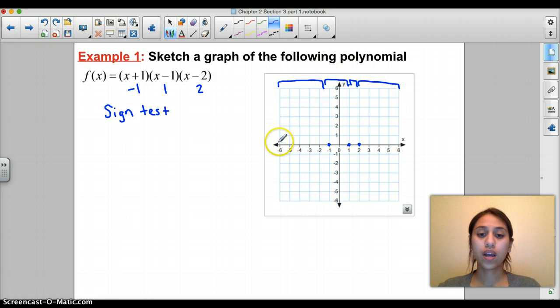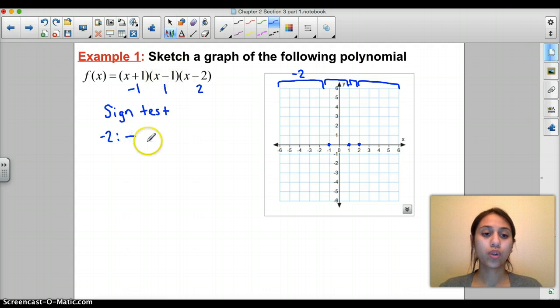So between here and negative 1, we could try negative 2. If we test negative 2 for x, negative 2 plus 1 would be a negative value.